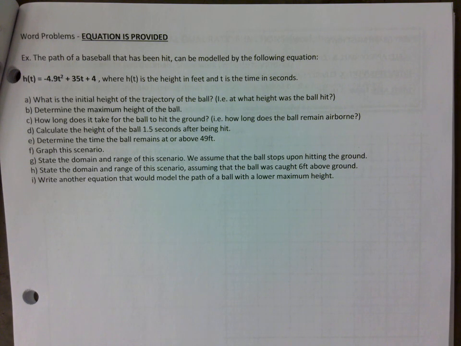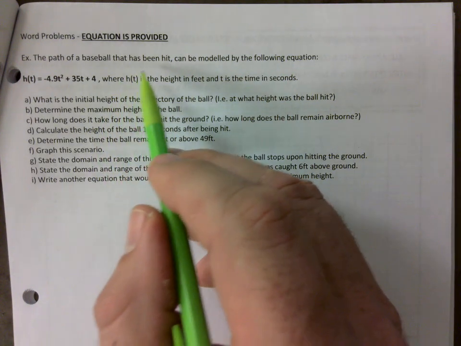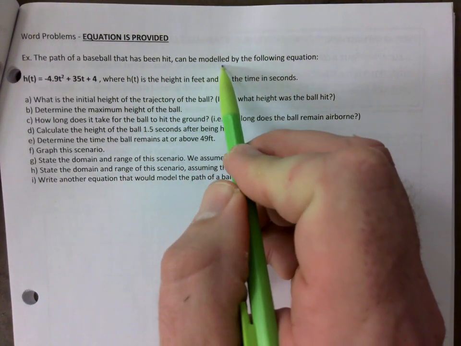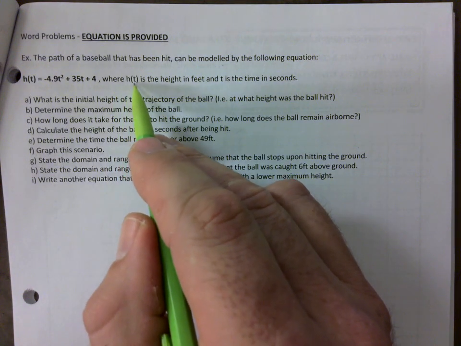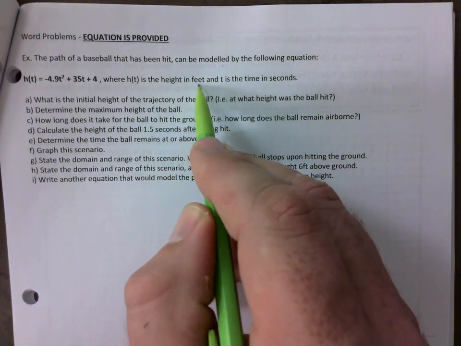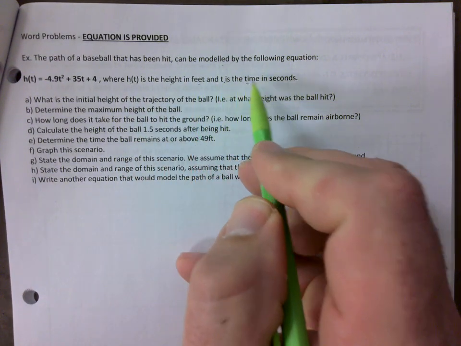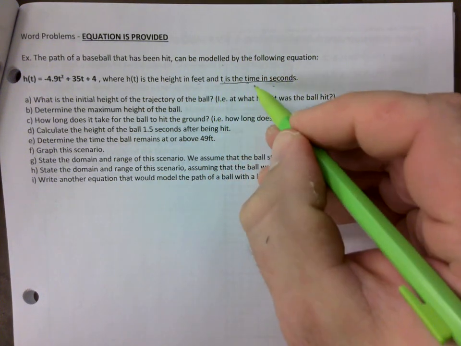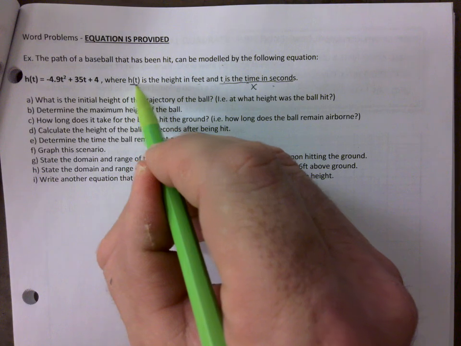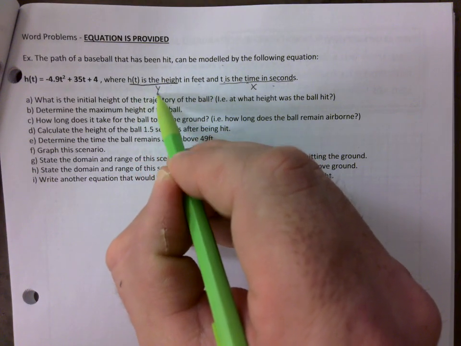The path of a baseball that has been hit can be modeled by the following equation, where h of t is the height in feet, and t is the time in seconds. Just remember, t is your x value and h is your y value.